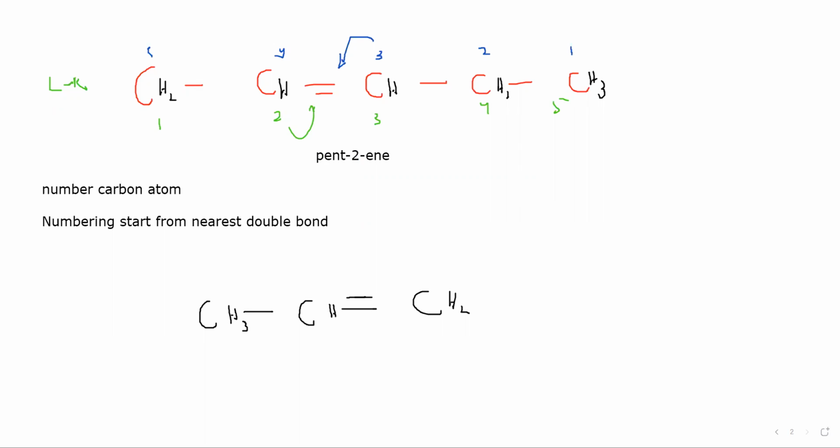Because if I number from left hand side 1, 2, and 3, second carbon is having a double bond. If I number from right hand side, the first carbon is having a double bond, and we always follow the numbering from the closer. So it is prop because of 3 carbon, and 1 because of position, and ene because of double bond. Because the double bond is with the first carbon, it is not an issue if you don't mention 1, you can even say it is propene.